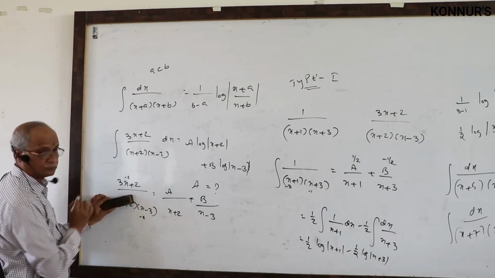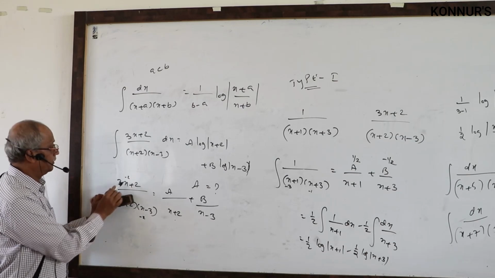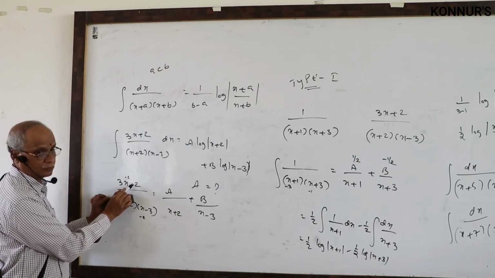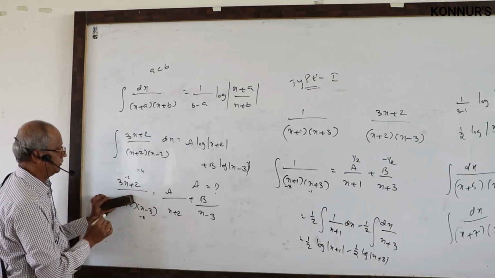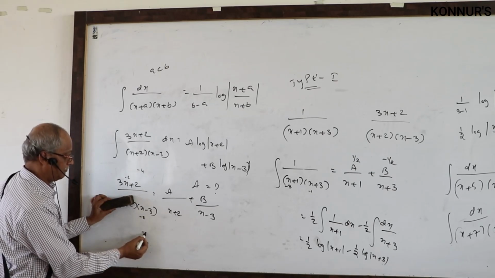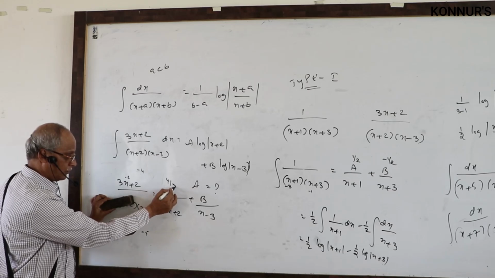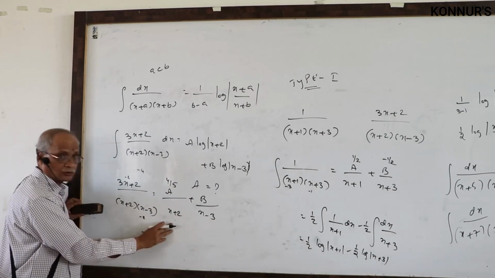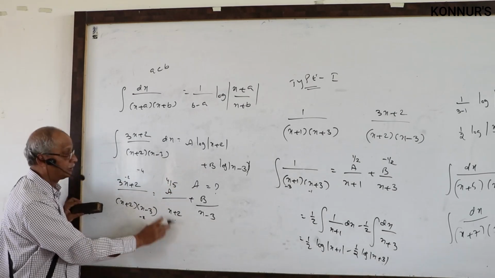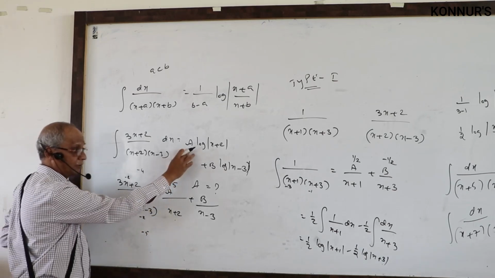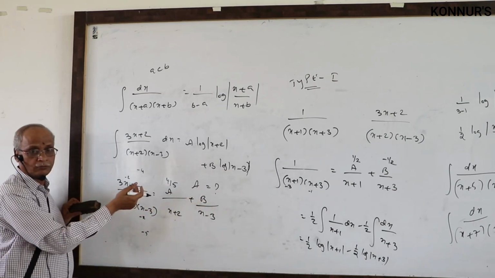Here also minus 2. Minus 6 plus 2, minus 4. Minus 2 minus 3, minus 5. Then what is the total value? 4 by 5. After integration of 1 by x plus 2, what is the answer? Log only. Then what a value did we get? 4 by 5. Why do b unnecessarily?